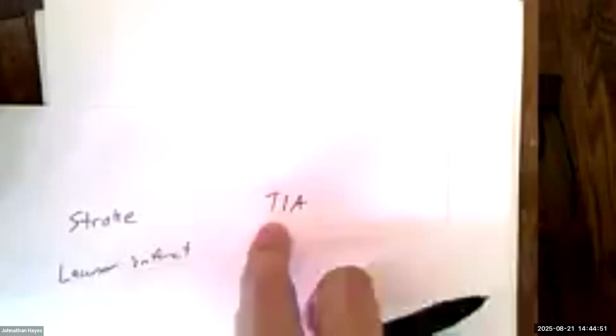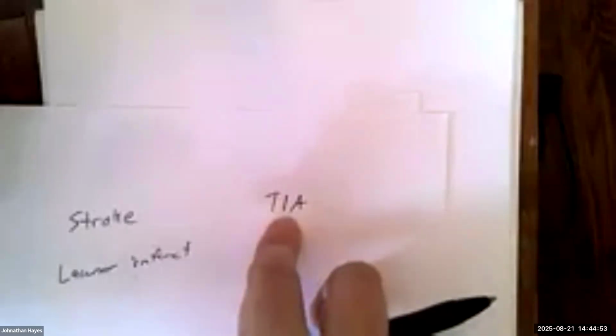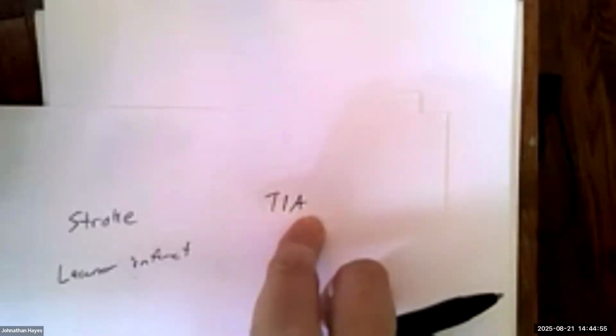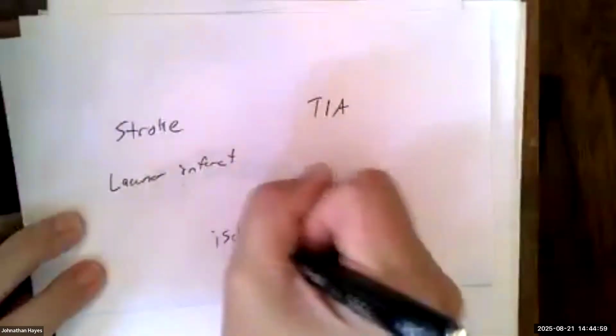You can also have a TIA, which is transient ischemic attack. These typically have stroke-like symptoms, but they tend to resolve within like 12 to 24 hours. So that's where the term transient ischemic attack comes from. So why are they using the word ischemia to begin with?